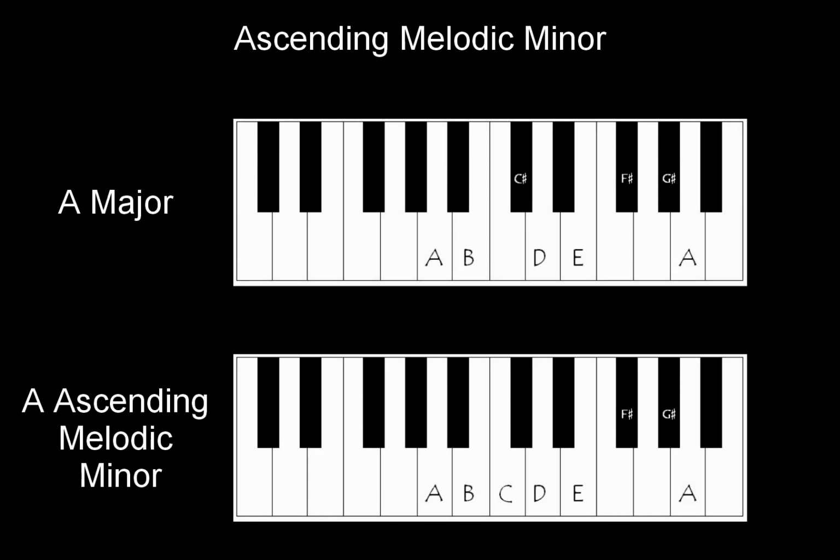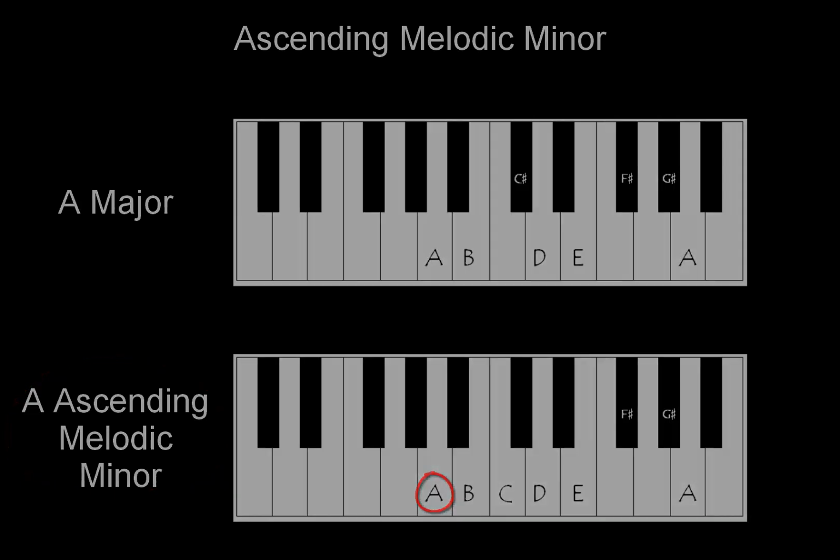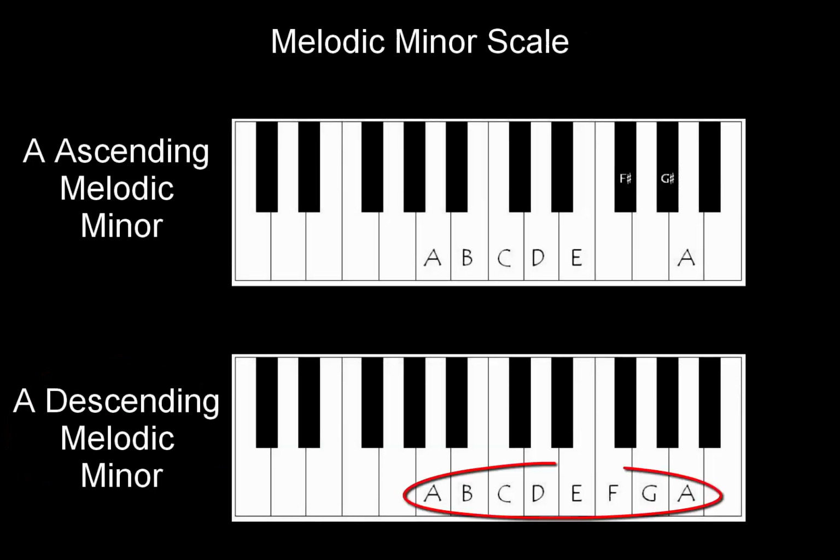The ascending pattern is basically a major scale with a lowered third scale degree. When descending, the melodic minor pattern becomes a natural minor.